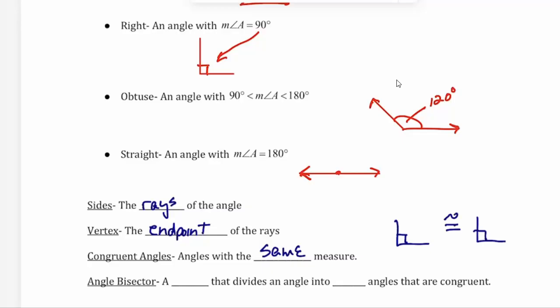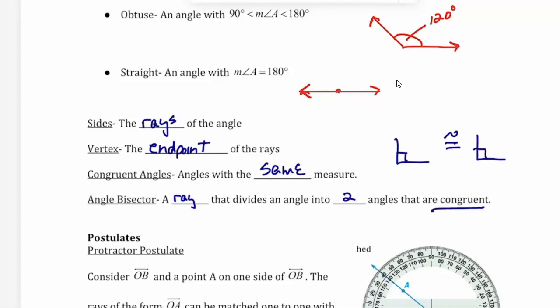An angle bisector is a ray that divides an angle into two angles that are congruent. What does that mean? Let's do it over here.